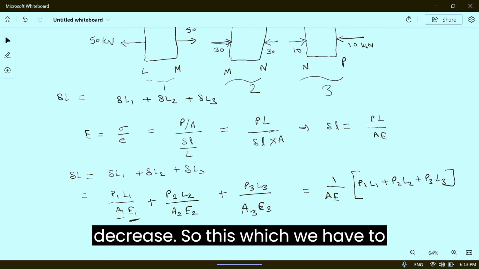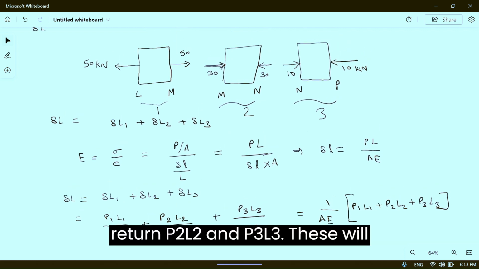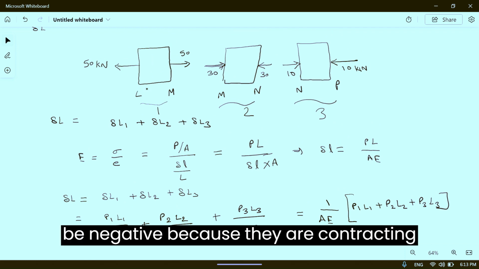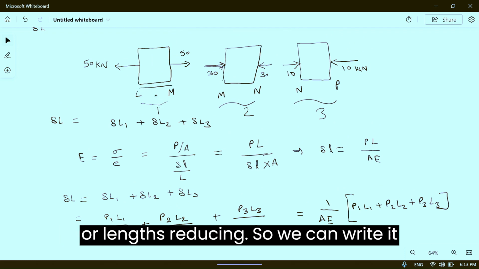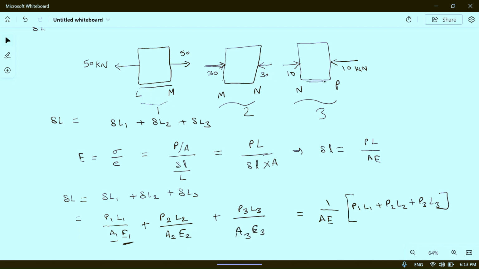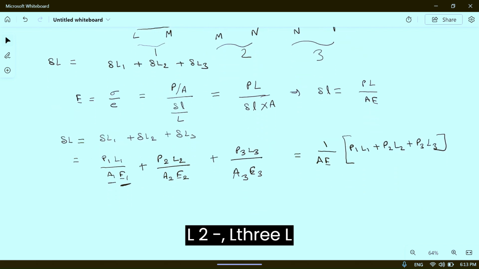Now you can see one thing, that this block LM is in tension, so its length will increase, but these two blocks are in compression, so their length will decrease. So this P2 L2 and P3 L3 which we have written will be negative because they are contracting, or length is reducing.